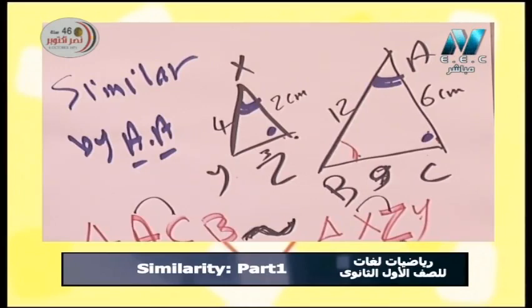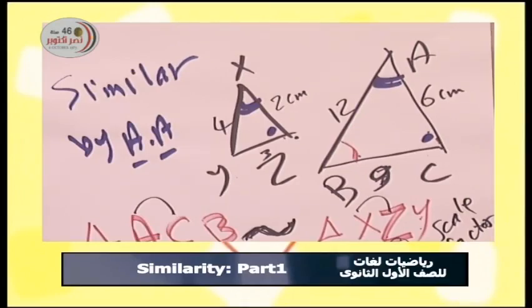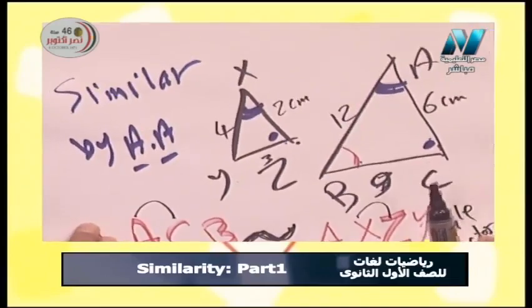Then these three sides are proportional, and this 3 we call the scale factor. And from ACB to XZY will be an enlargement, because 3 is greater than 1. Okay, let's move to the next slide here.